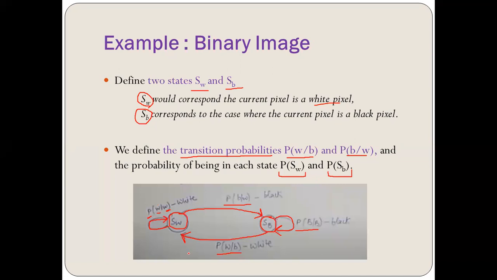So this is how we have created the graphical model of transition with the help of the discrete time Markov chain model. In this, we have seen the states, the transition probabilities, and the state probabilities.